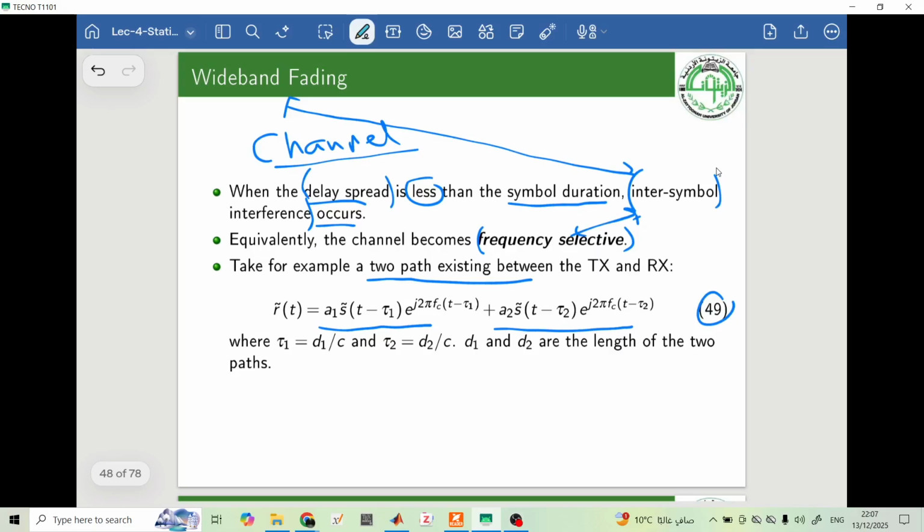The first copy suffers attenuation A sub 1, whereas the second one suffers from A sub 2 attenuation, and it goes through delay tau 1 here and tau 2 there, and now here we have let's say phi 1, which is the phase shift due to the first path, and the phi 2.